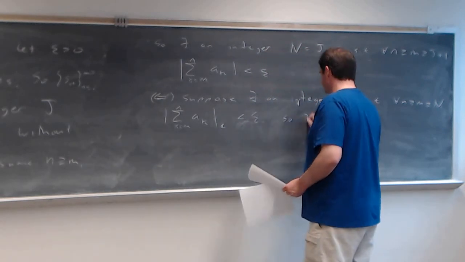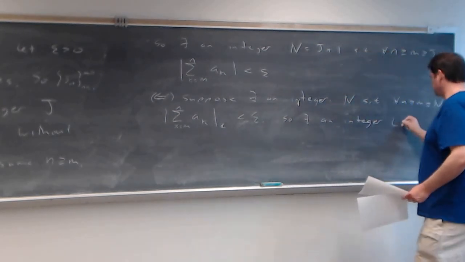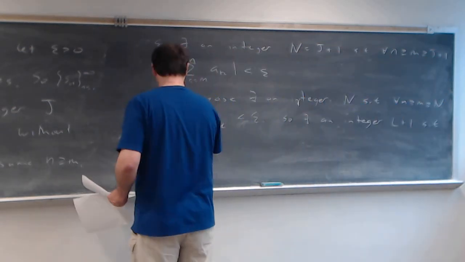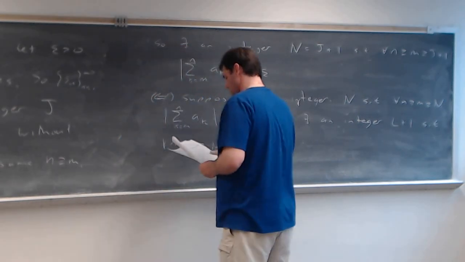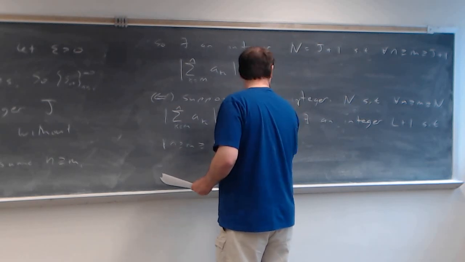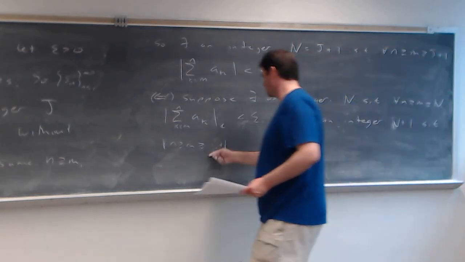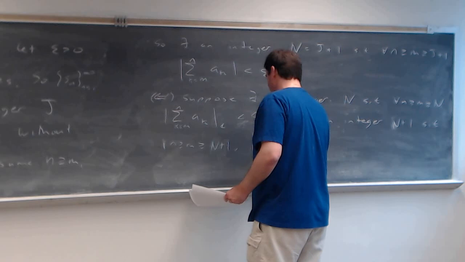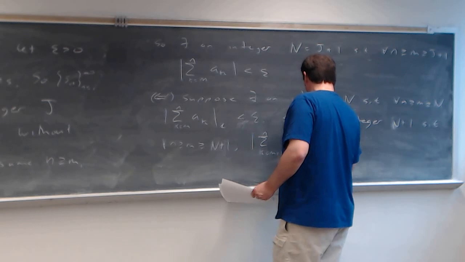So that means there exists an integer, let's say N plus 1, such that for all n and m bigger than or equal to N plus 1, the sum as k runs from m plus 1 to n of a sub k will be less than epsilon. I called this L plus 1, but I meant to say N plus 1.